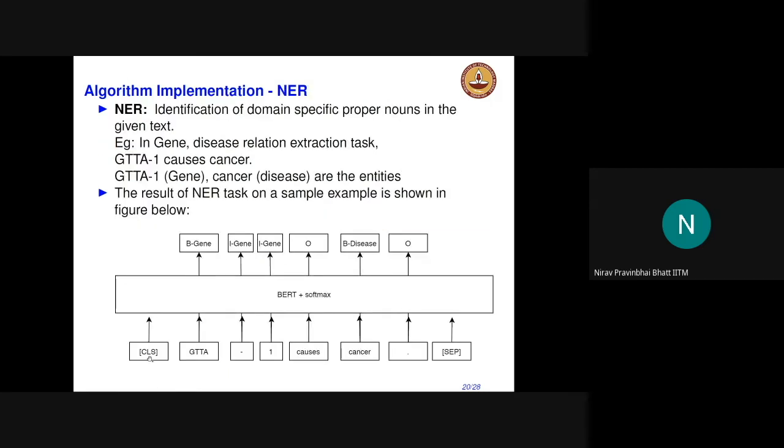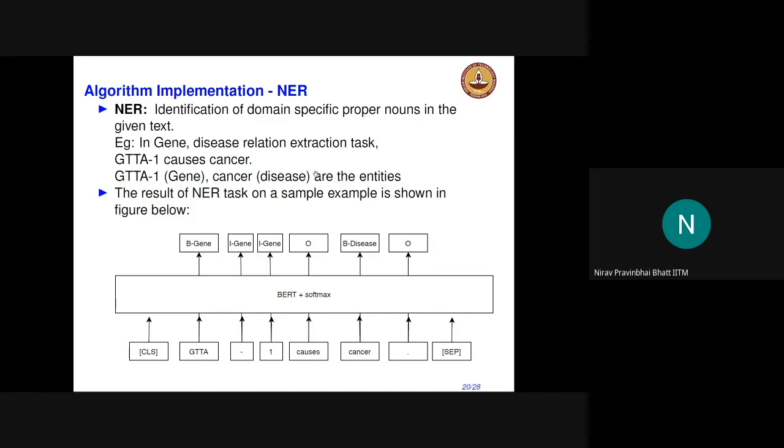So what we do is we take a sentence, and we use BERT and one more layer, which is what we call a softmax layer, to predict what the entities in the sentence are. For example, if we want gene-disease relationship extraction, we want to know, given a sentence, what the genes and what the diseases are in that particular sentence, which we call entities.